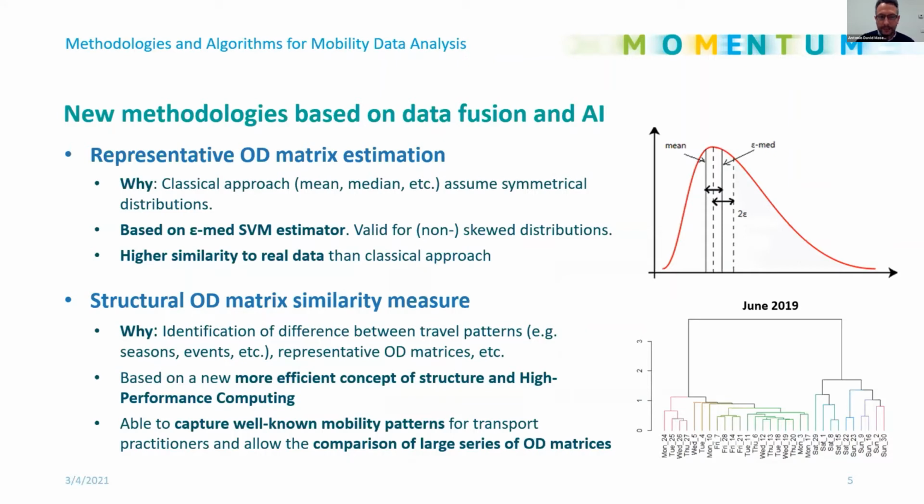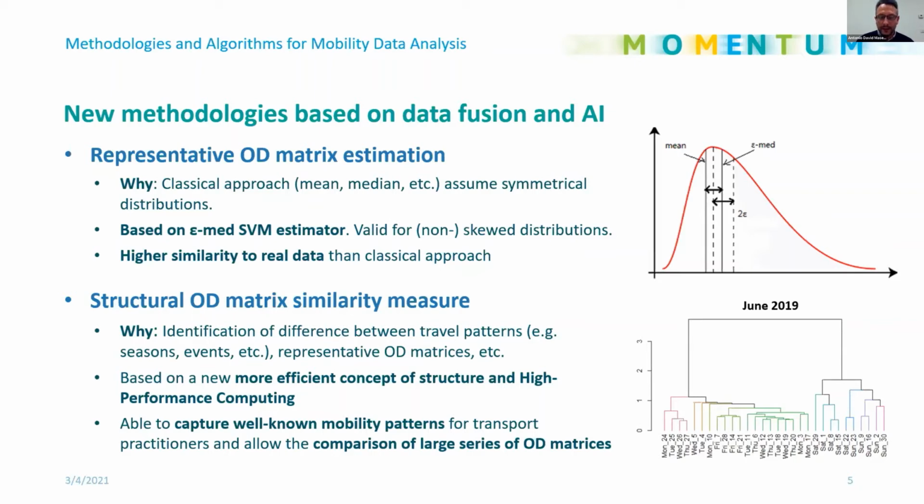Unlike the classical approach that assumed a symmetrical distribution, our colleagues from CERTH, inspired by machine learning techniques, developed a method that was able to deal with asymmetrical distribution and that provided higher similarity to real data than the classical approach.